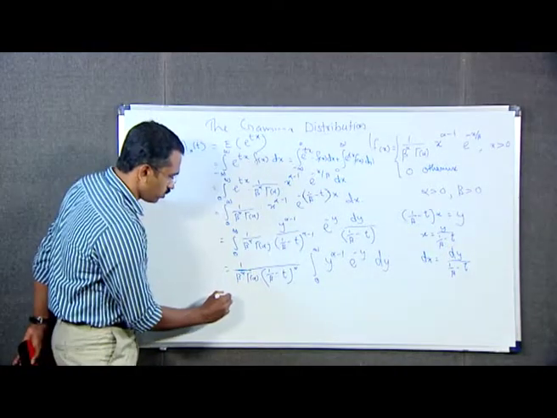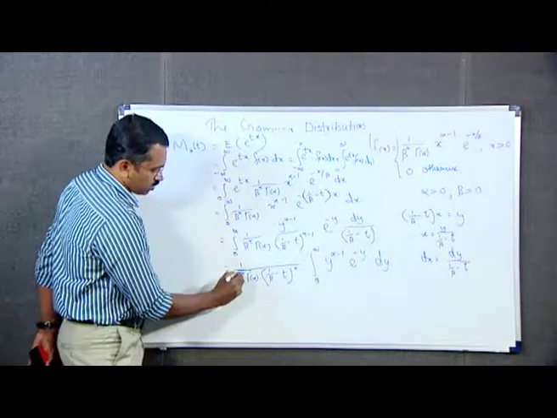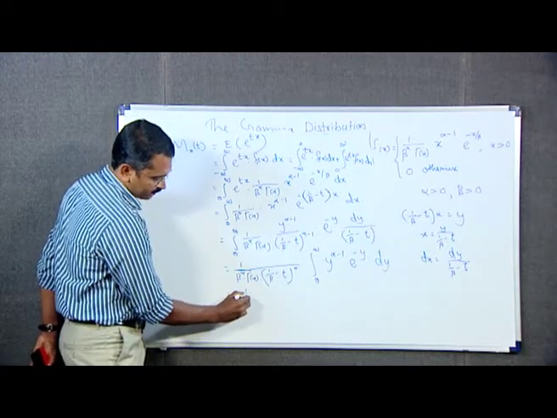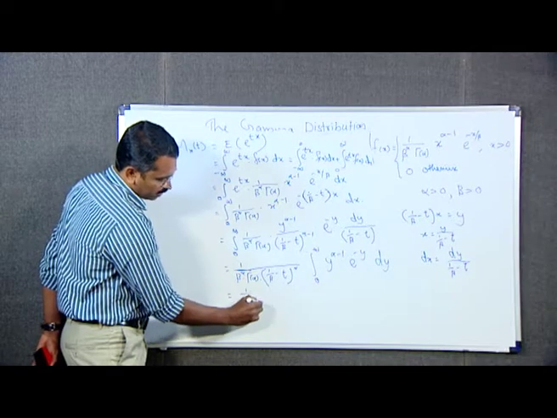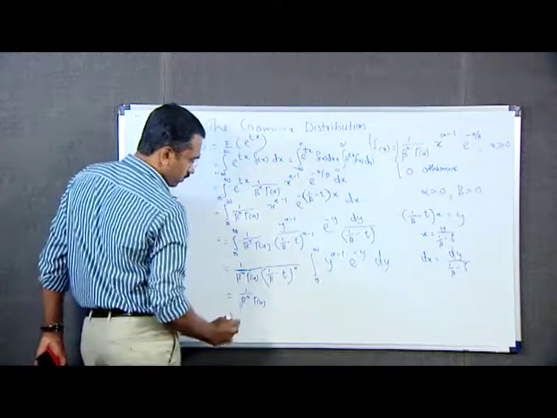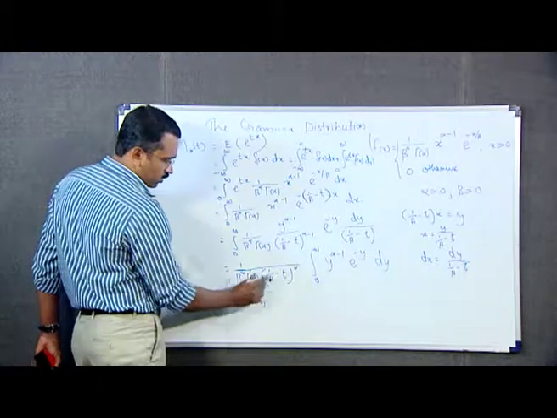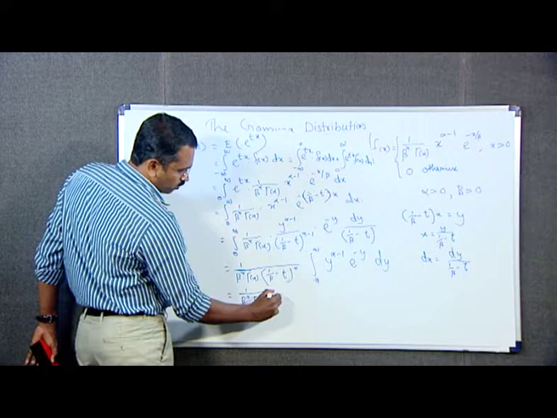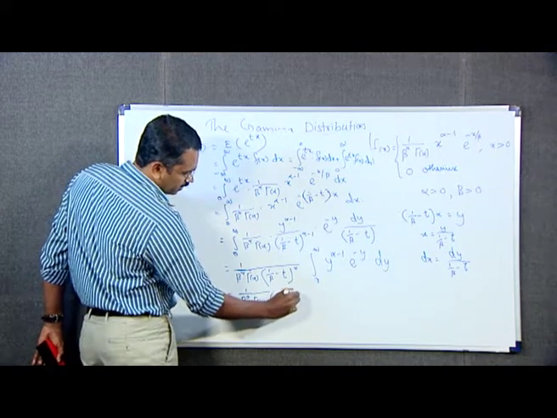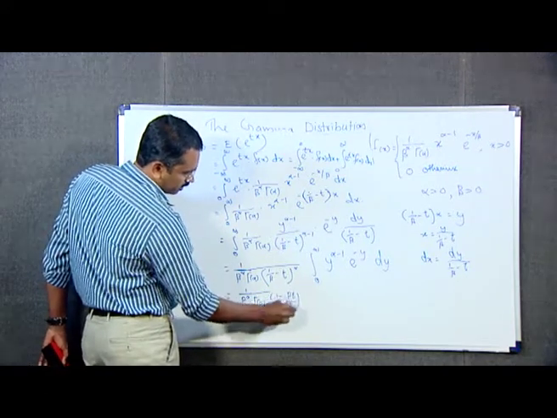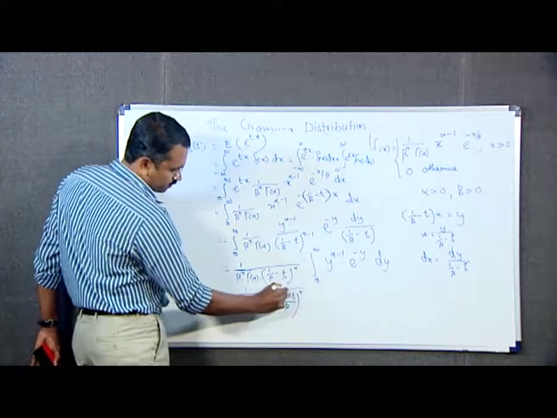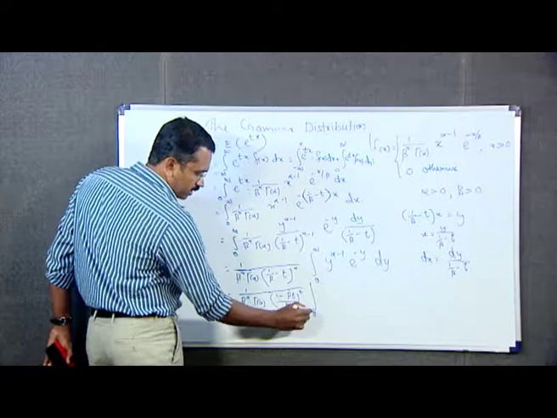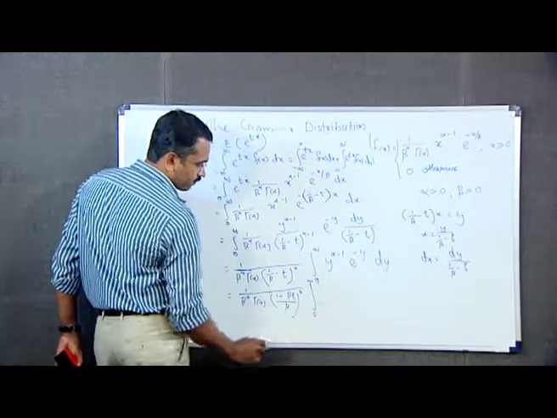This is equal to 1 by beta raised to alpha into gamma alpha into, here we can write this as 1 minus beta t all divided by beta, raised to alpha, into integral from 0 to infinity.